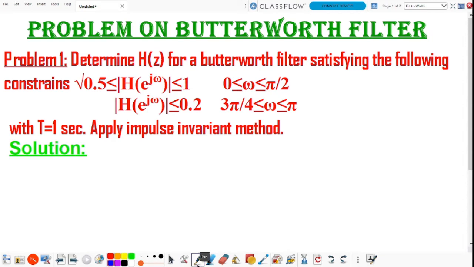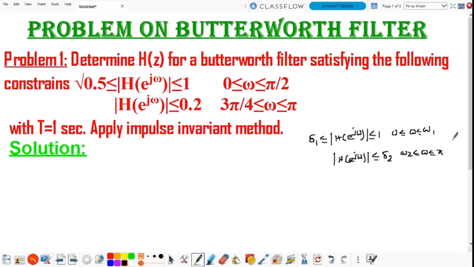So we know that the standard specification of a Butterworth low pass filter is: δ1 less than or equal to the magnitude of H(e^jω) less than or equal to 1 for 0 less than or equal to ω less than or equal to ω1, and the magnitude of H(e^jω) less than or equal to δ2 for ω2 less than or equal to ω less than or equal to π.